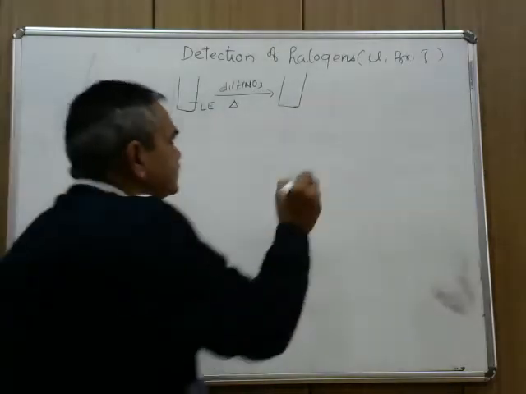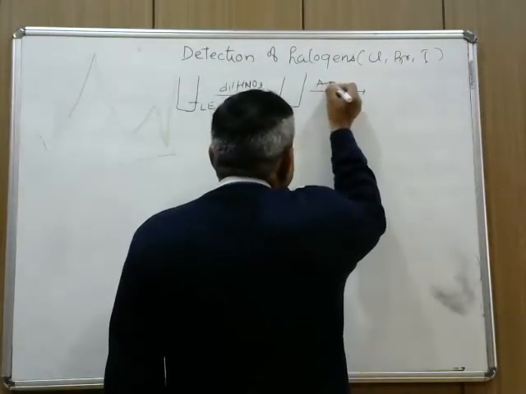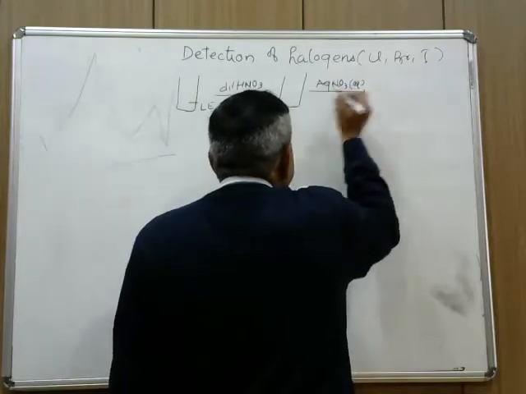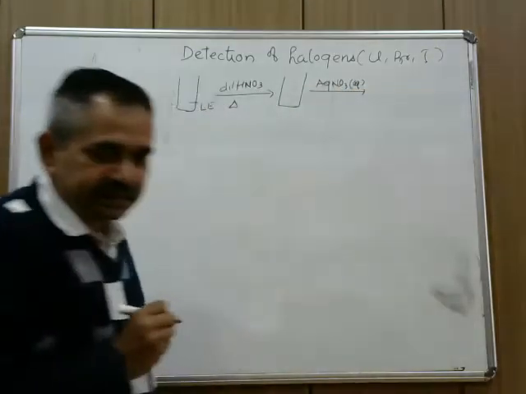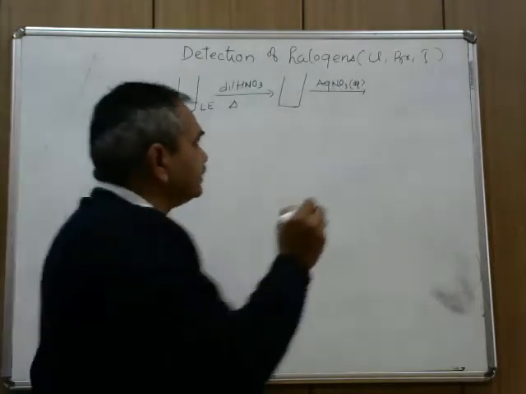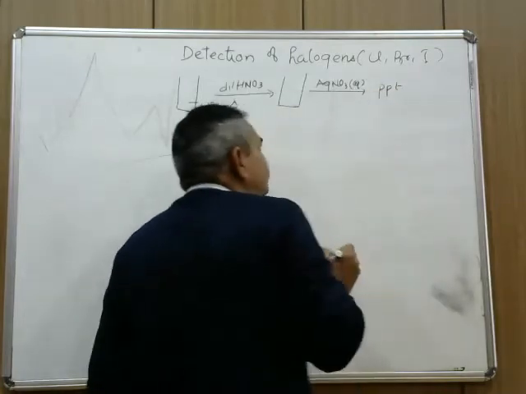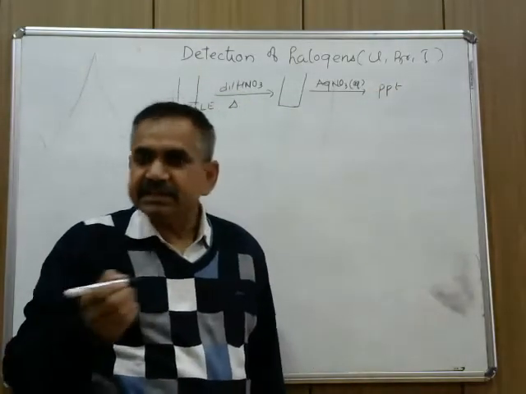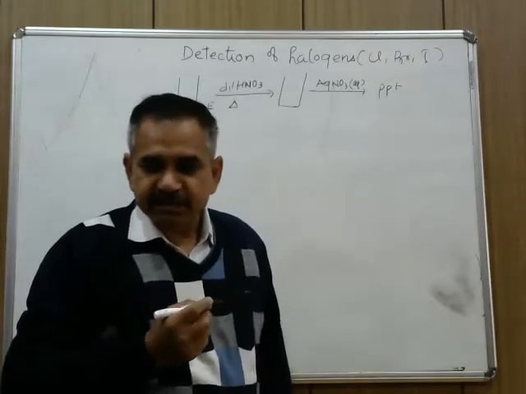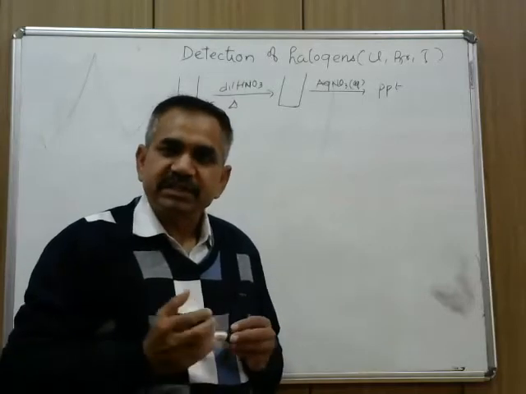And afterwards, AgNO3 solution is added to this mixture, and a precipitate is formed if halogen is present. If no precipitate is formed after adding AgNO3, that means no halogen is present.